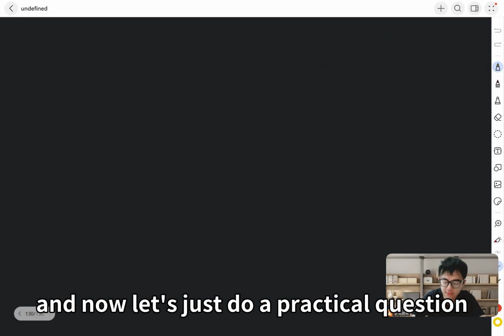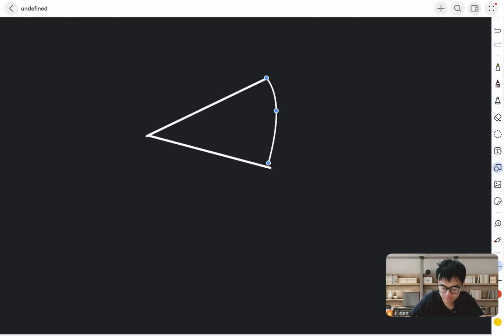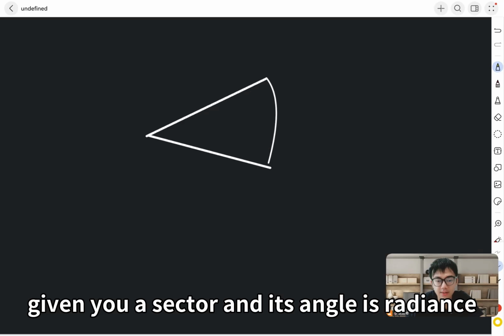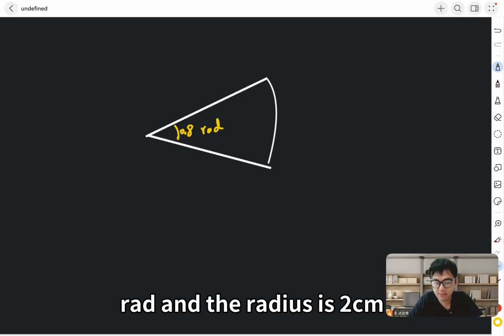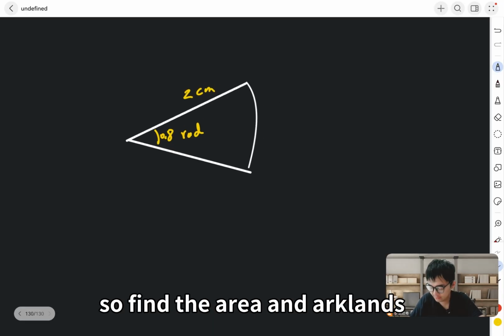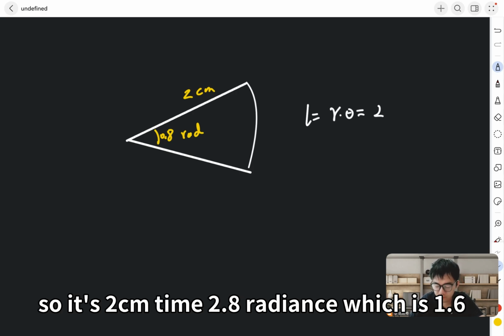Now let's do a practical question. Given a sector whose angle is 0.8 radians. Remember, it's radians, we take it as rad. The radius is 2 centimeters. Find the area and arc length. For its arc length, it's the radius times theta: 2 times 0.8, which is 1.6.